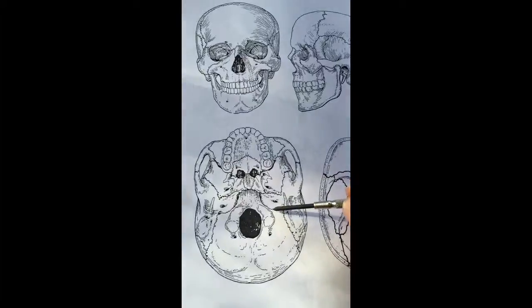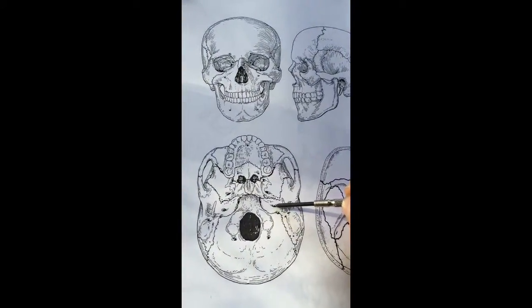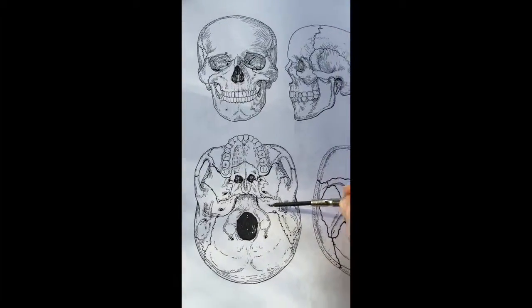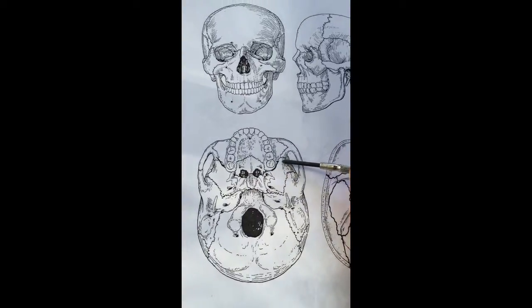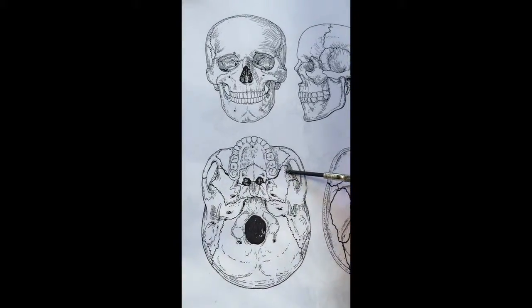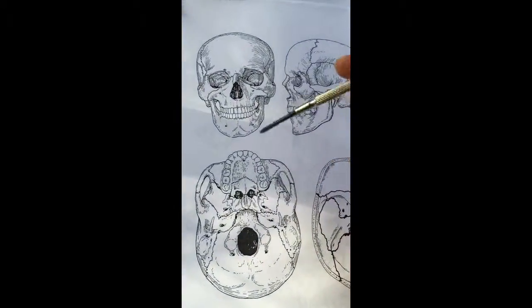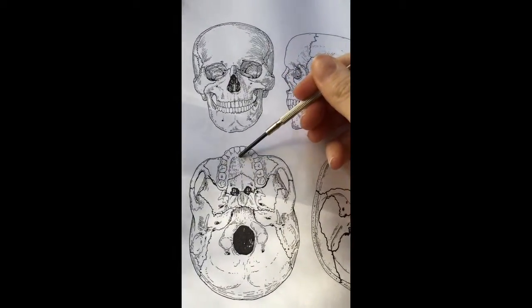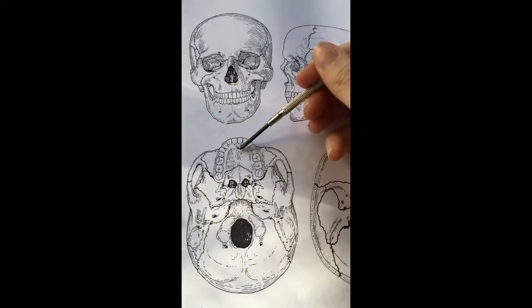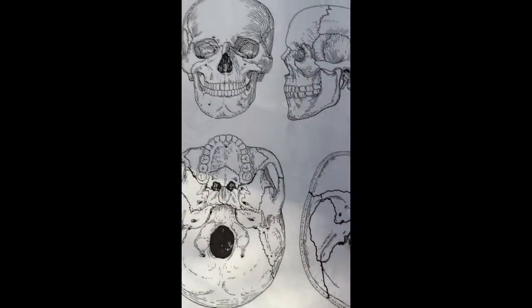You can also see your jugular foramen, the carotid canal, the foramen ovale, and you can see your sphenoid bone. And then you can see your infraorbital foramen. Also on your hard palate you can see the incisive fossa. So we're going to go to the other two views of the skull, and I'm going to pass it to Hailee.